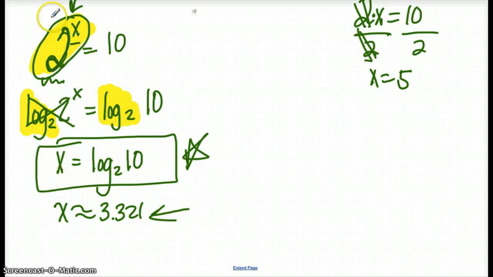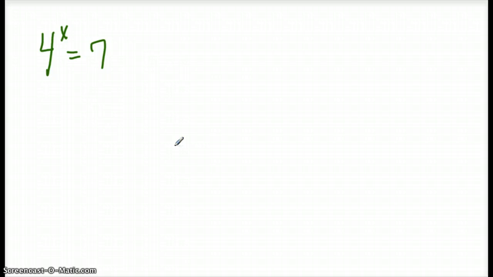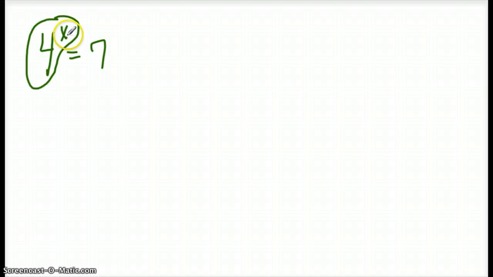All right, let's do another one. What if I had 4 to the x equals 7? Some power of x has to give me 7. So here's what I'm trying to get by itself. It's down to just the base and the exponent. So how do I get rid of this big 4? I put a little 4, log base 4, and then I write 4 to the x.